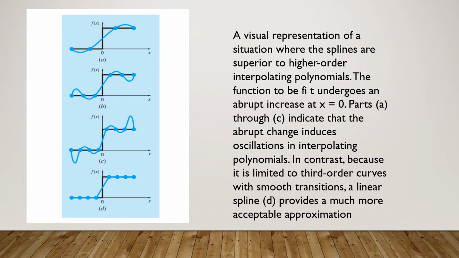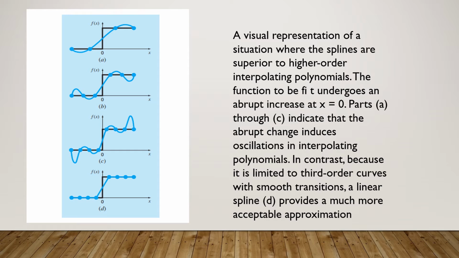Dito naman sa representation na ito, mapapansin natin na ang spline ay mas maayos mag-perform kesa sa higher order polynomial. This is the case where a function is generally smooth but undergoes an abrupt change somewhere along the region of interest.